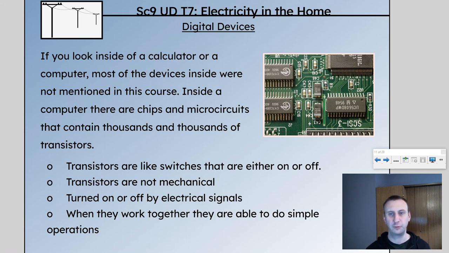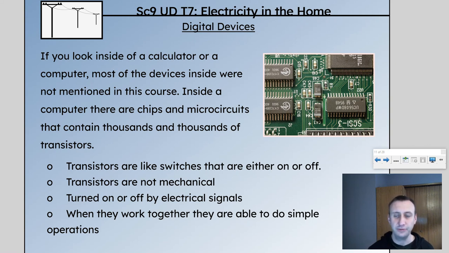Transistors are of course incredibly small in comparison and have allowed for everything that has to do with computers and calculators, and they're incredible. When these transistors work together, they are able to do simple, and then eventually, as we get more and more complex operations, as we get into computer chips and get thousands and millions of transistors working together in these complex arrangements.